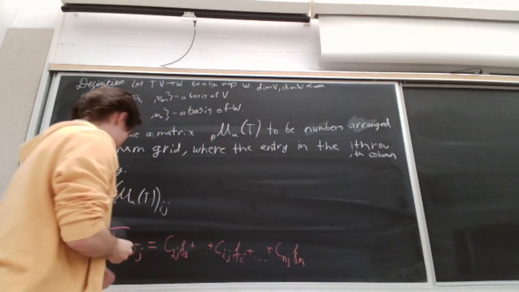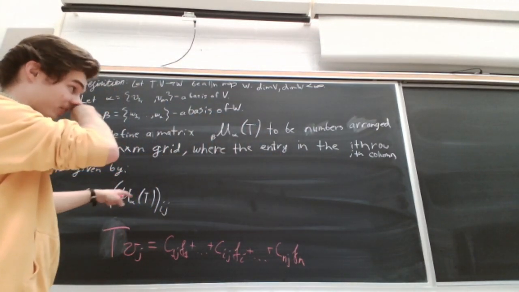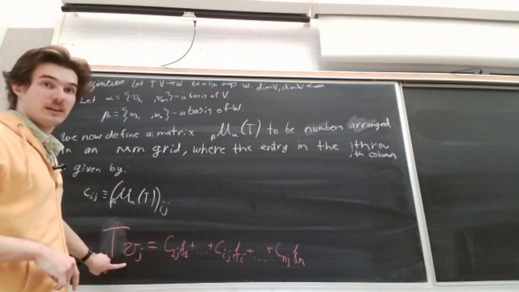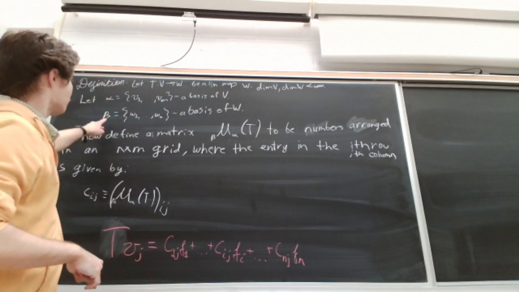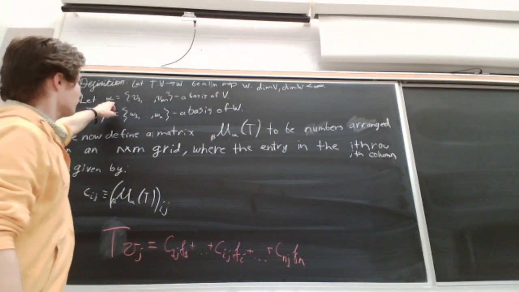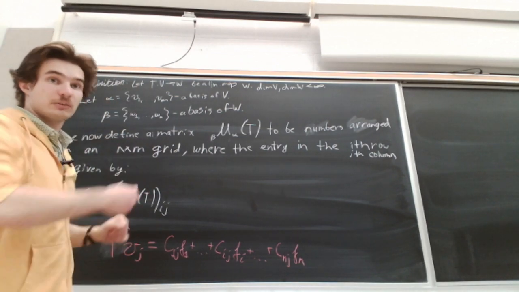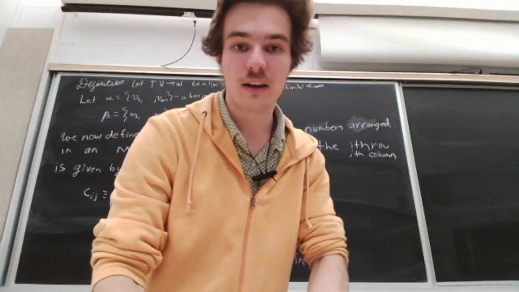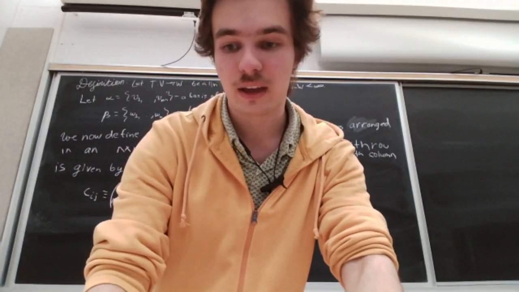Okay. So the entries in the matrix are the expansion coefficients of T vj in the beta basis. So the expansion coefficients tell you, if I take something in the alpha basis, send it forward by the map T, and then expand it in the beta basis, how does that look?